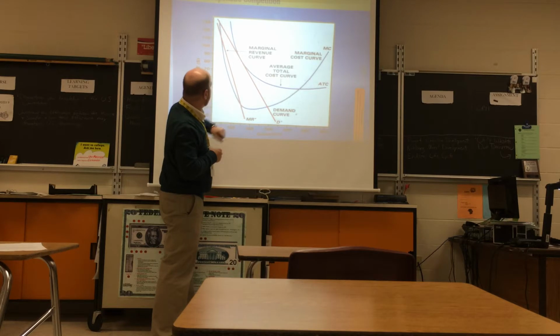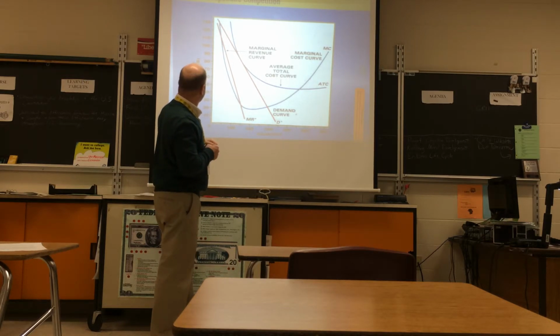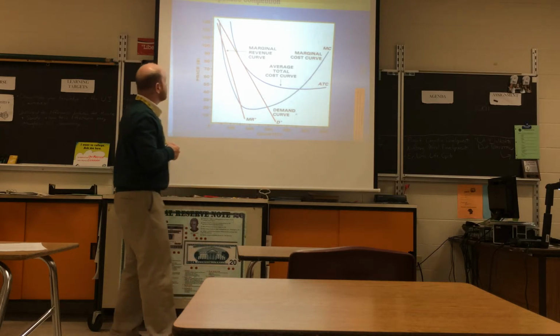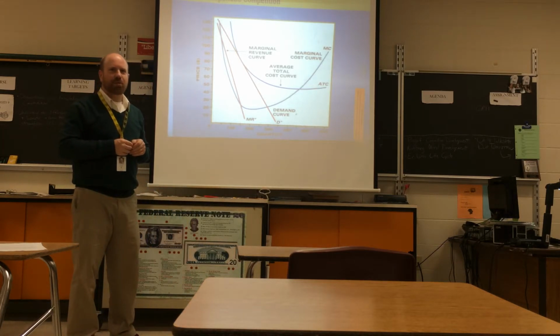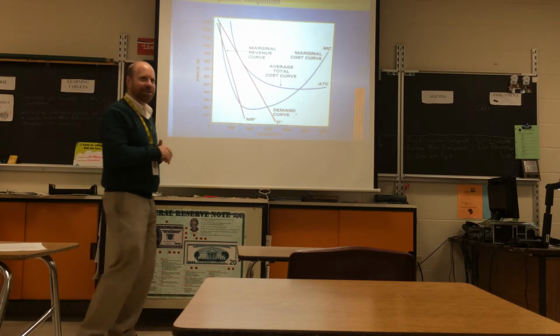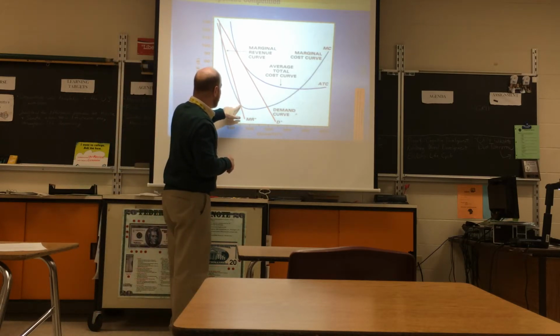Remember that the MR curve intersects the MC curve again at the top. Don't worry about that. That's not supposed to happen. They shouldn't have done that. Okay. So we're looking at this point right here, MR equals MC at 150.